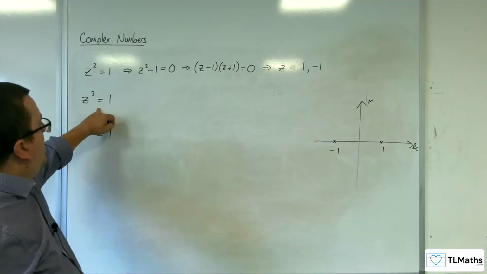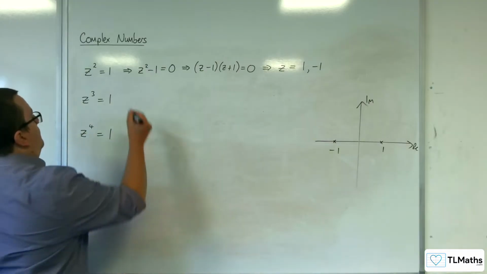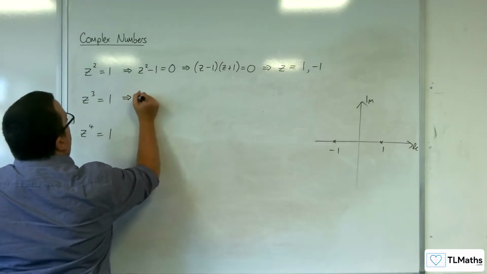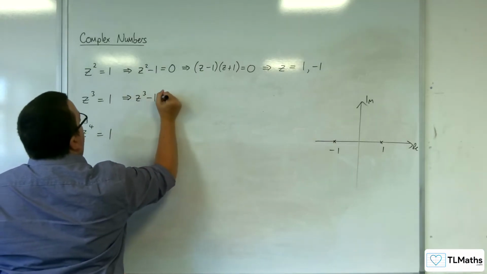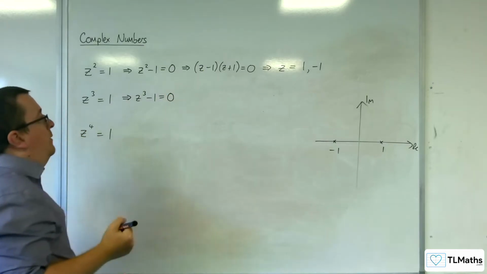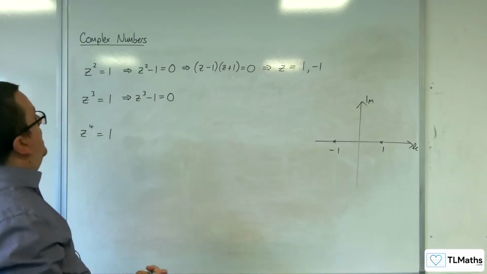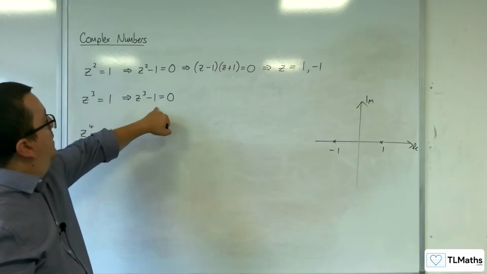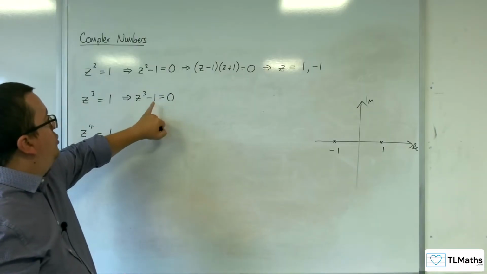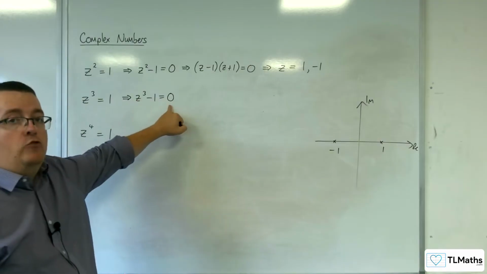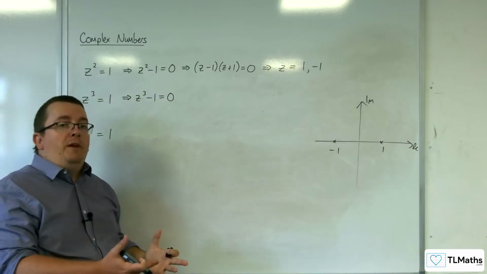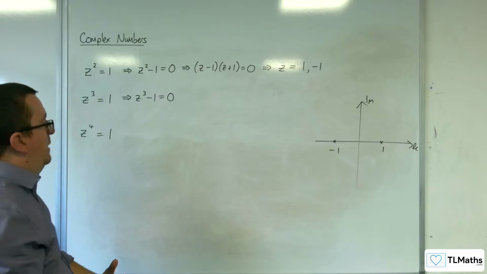Now if we have a look at the second one, Z cubed equals 1, let's do the same job. Z cubed take away 1 equals 0. Now, how are we going to factorise that? Well, you know that 1 is going to be a root of this equation, because 1 cubed take away 1 is 0. So Z minus 1 must be a factor of Z cubed minus 1.